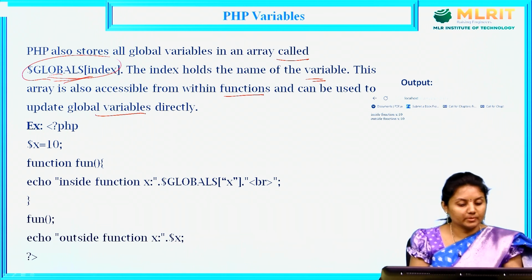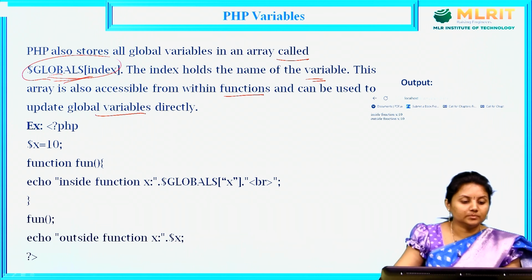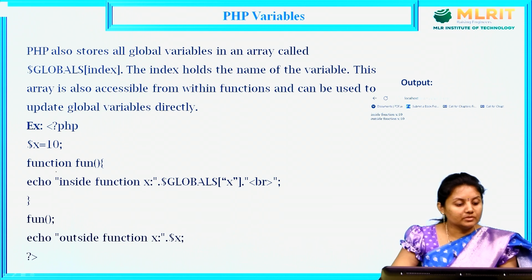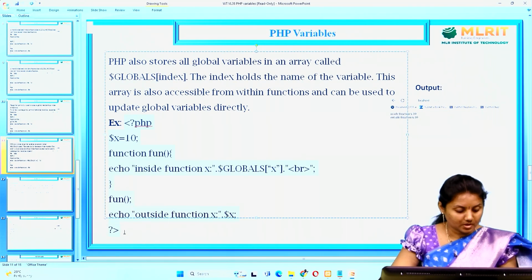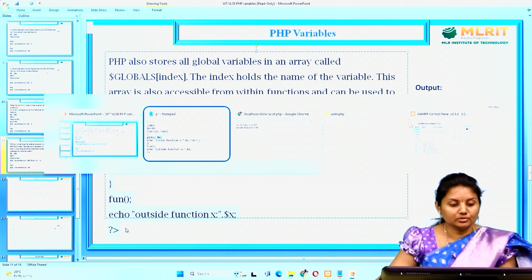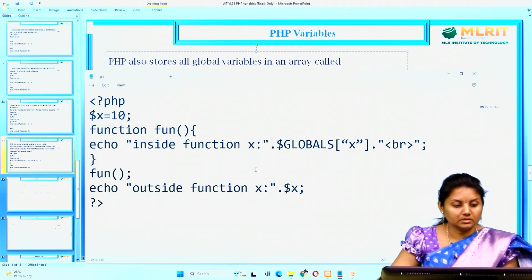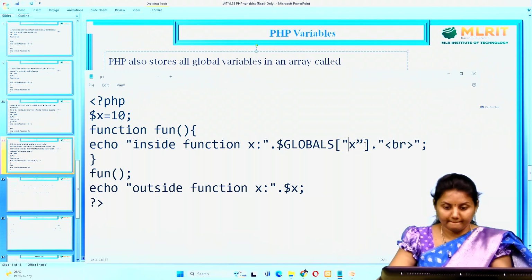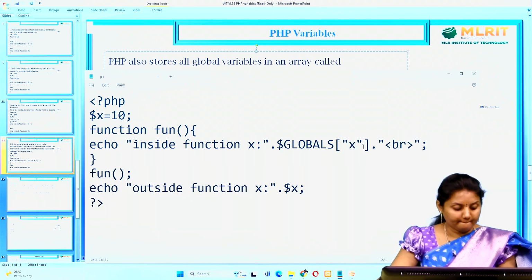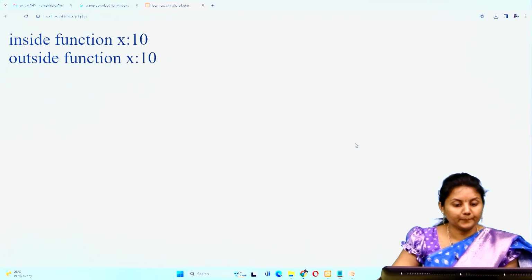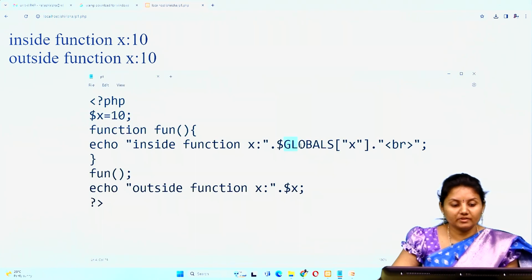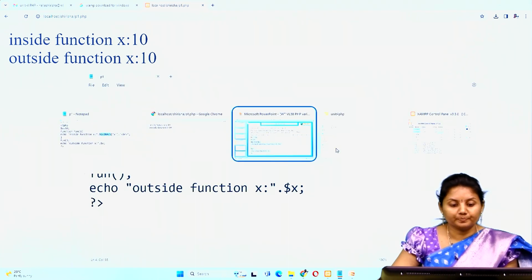So, here is a program where we are trying to execute this. Let me take this x. Inside and outside both are working because we have used $GLOBALS here.